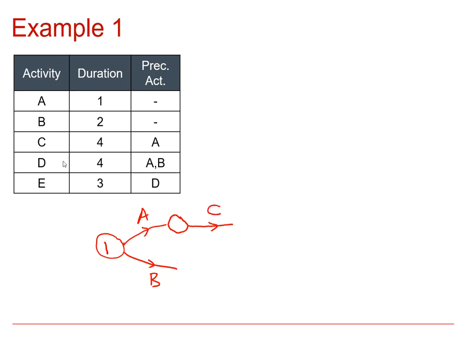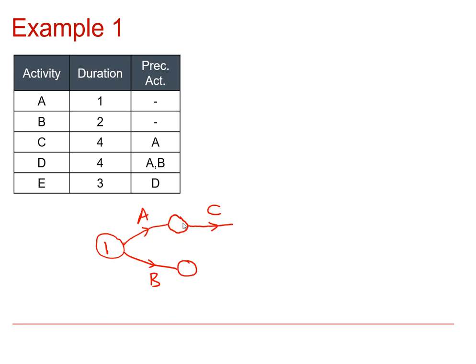Now let's have a look at activity D. Now activity D depends on both A and B. And the problem is, at the minute, we don't actually have an event. I can put an event here, but at the minute this event is at the end of activity B only. This one's at the end of activity A only.